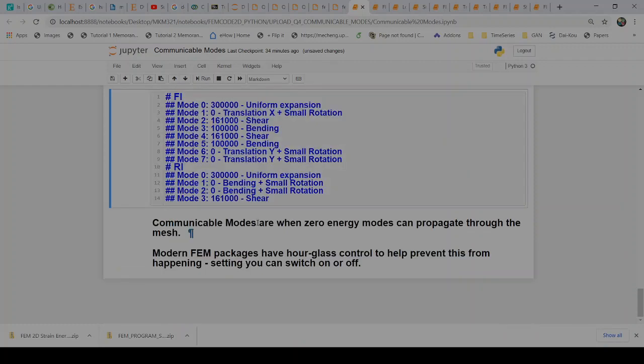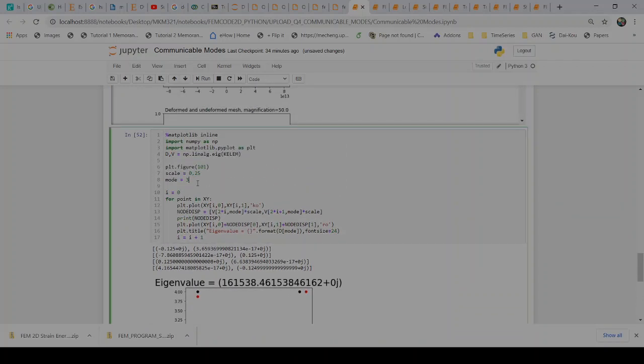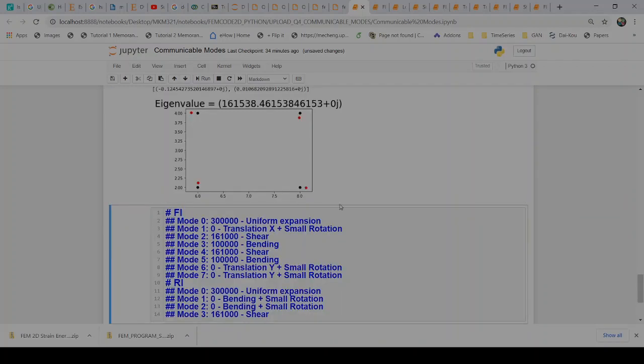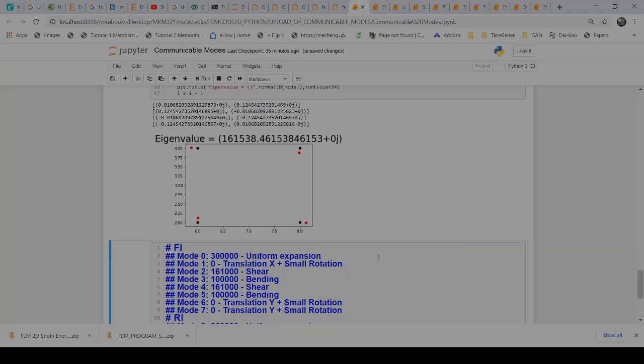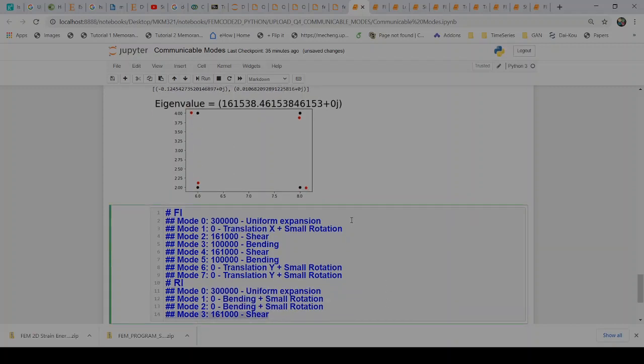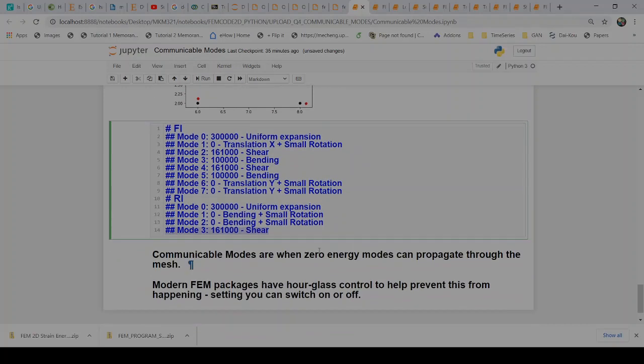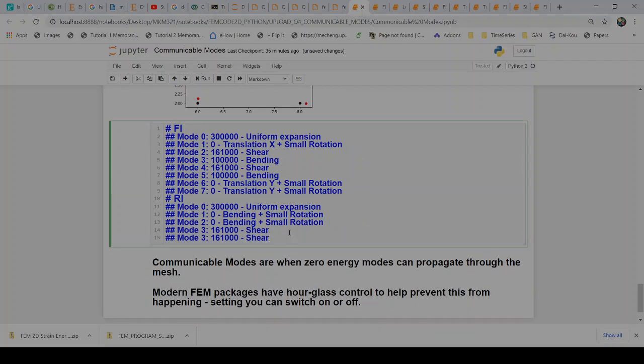So that's that. Mode 4. Again it looks to me like shear like this. You can see that edge, that sort of shear when it gets pulled like this. That is nice. Mode 4 is shear.